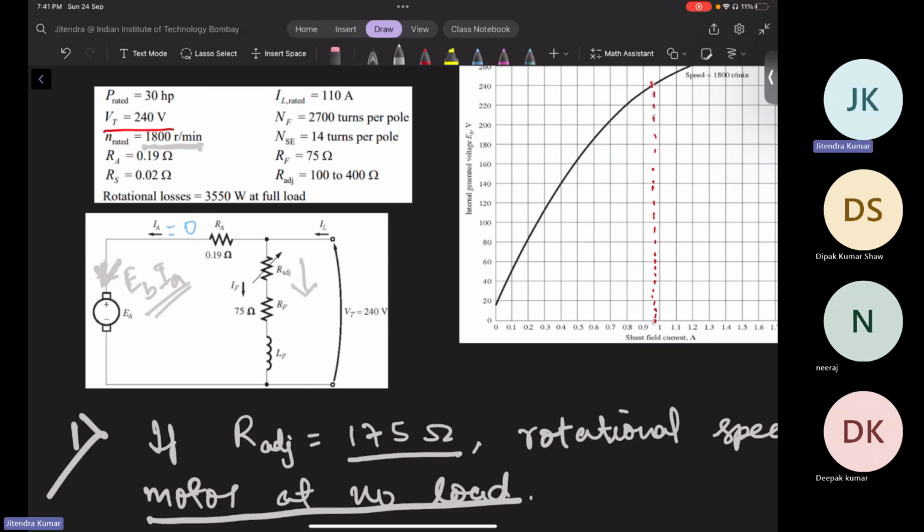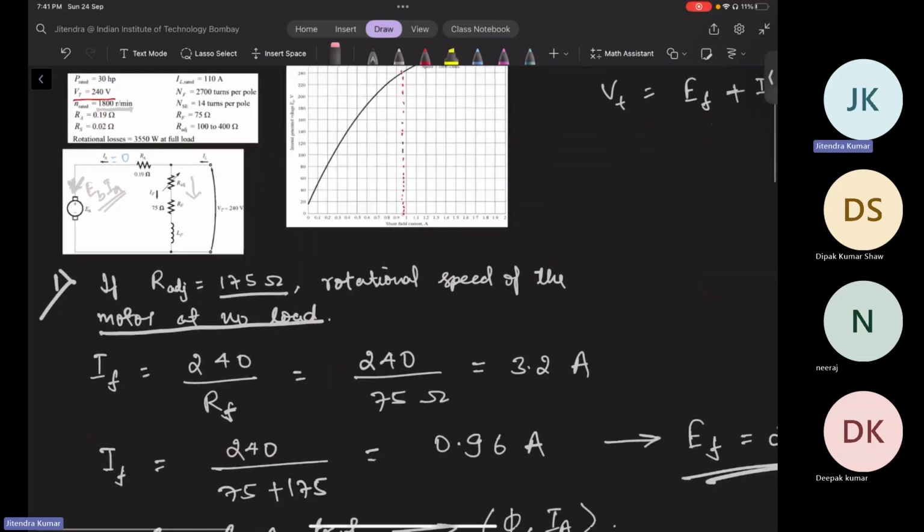Let us solve one problem based on losses so that we will be well equipped with loss components.